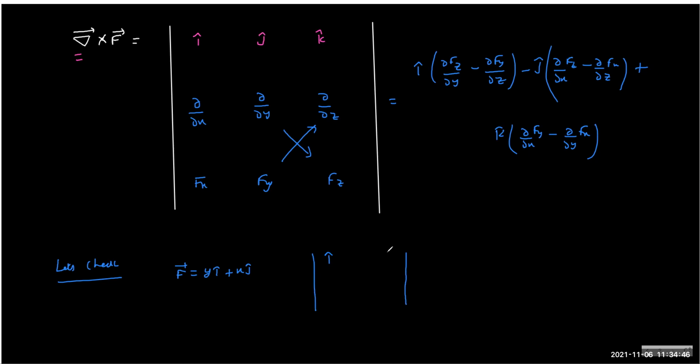We have tried the 3 by 3 only. You can extend it with 0 k cap and then just write the answer. Nothing is there, so you can add a 0 from your side. And then del cross F you can write as i. What is del? Okay, this is fixed.